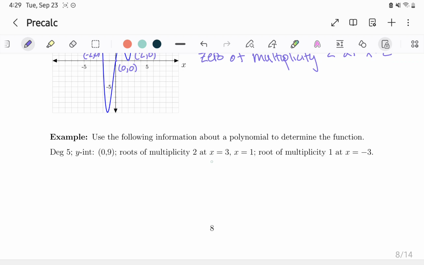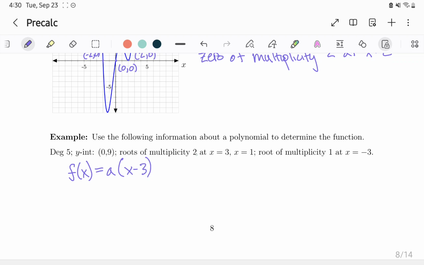So again, a 0 at x equals 3 is going to correspond to a factor of x minus 3. So let's go ahead and write f of x, and then we'll put a out in front, and then we'll start writing our first factor. So since we have a 0 at x equals 3, we're going to have a factor of x minus 3.